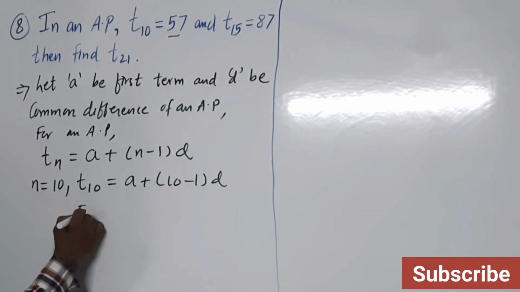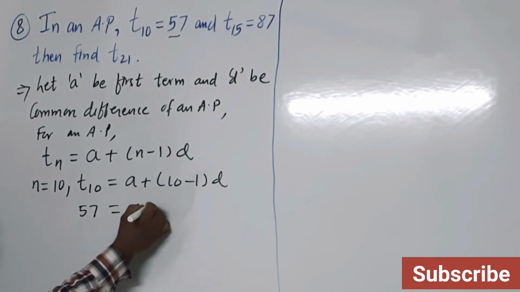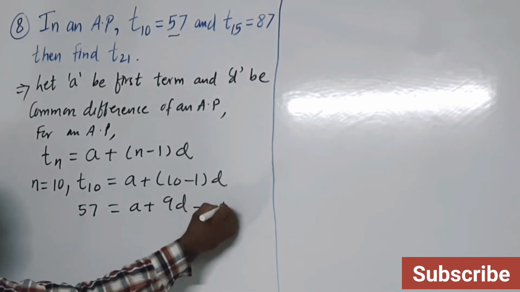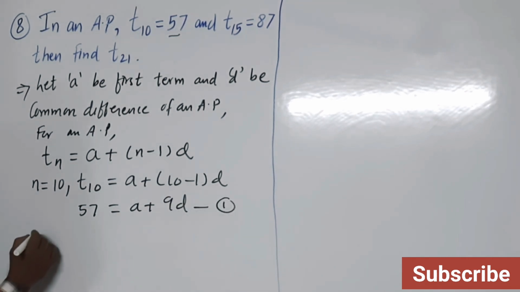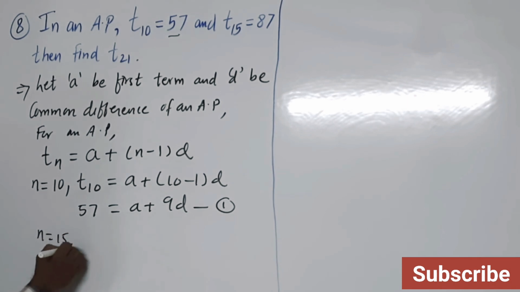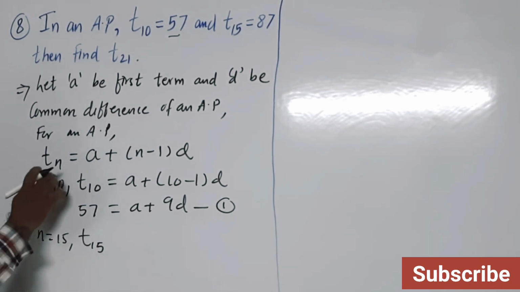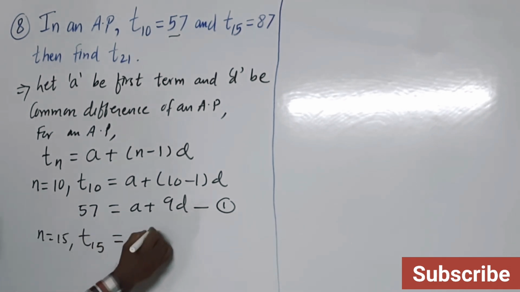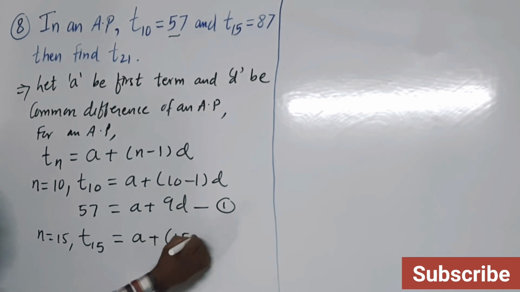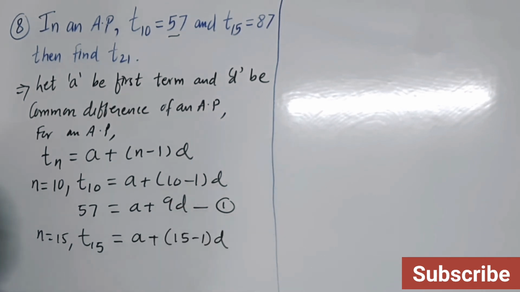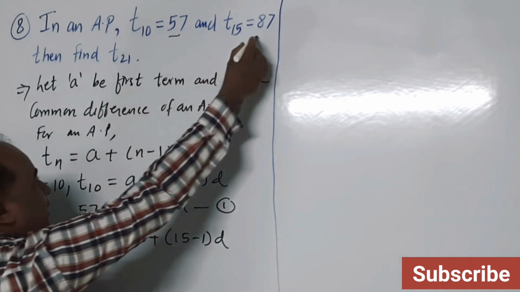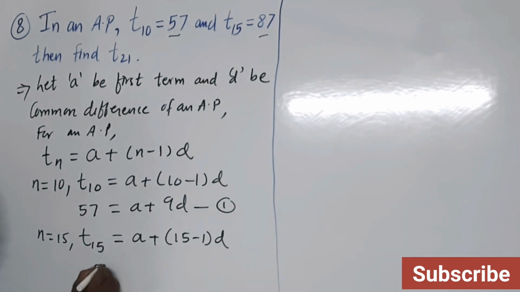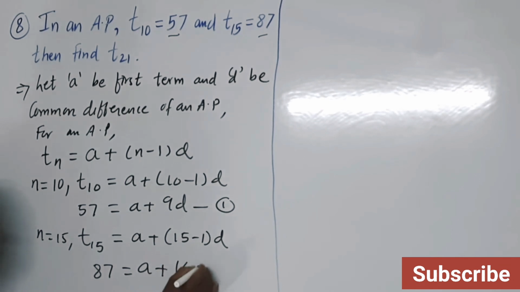T10 is given as 57, so 57 is equal to a plus 9d, equation number 1. For n equal to 15, T15 is a plus 14d, and T15 is given as 87.